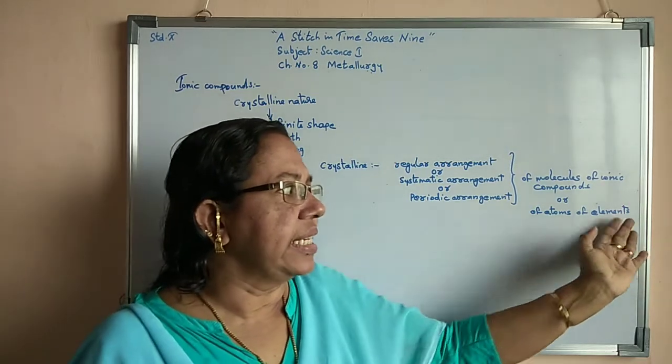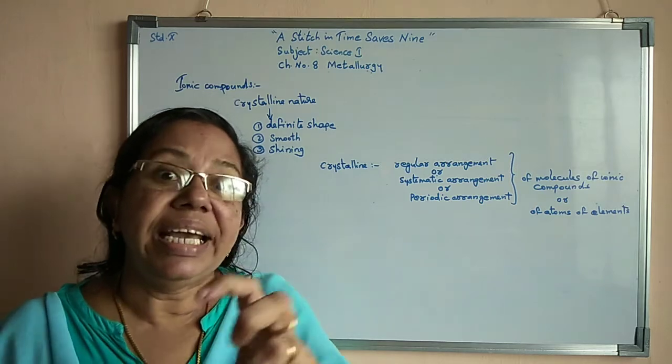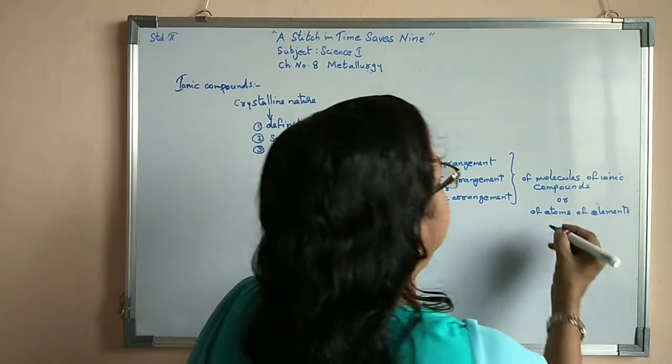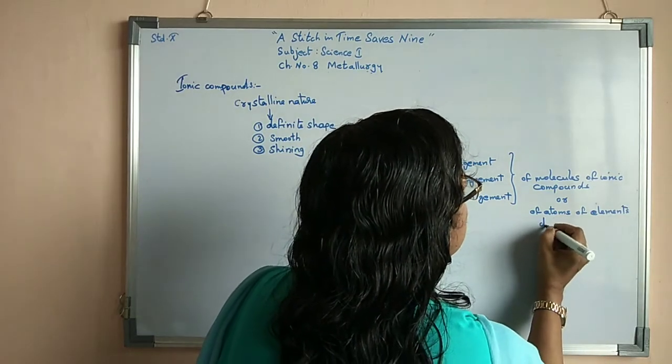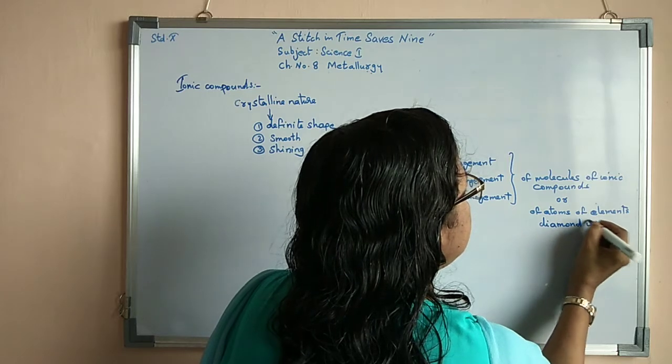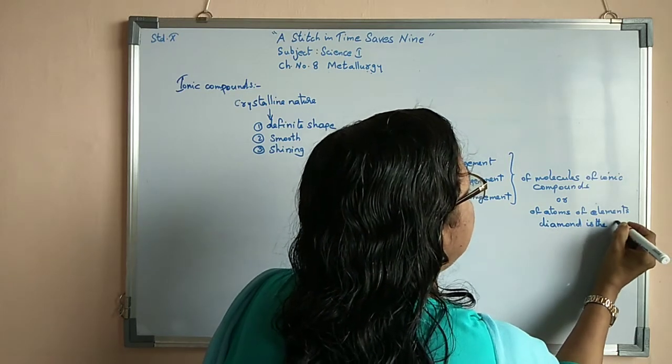Now, consider diamond, which is an example of an element. Which element is diamond? Diamond is the carbon element.